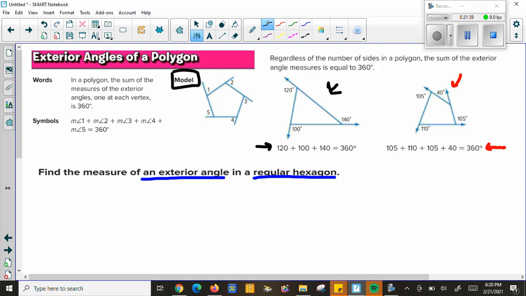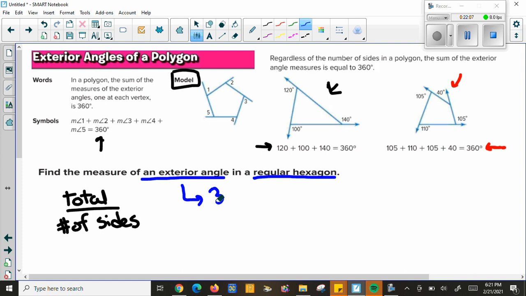To do this, we're going to look at the total and again divide it by number of sides. But this is not the interior total, it is the exterior total, which is always going to be 360. So to find an exterior angle, we're going to take 360 and divide it by the number of sides.